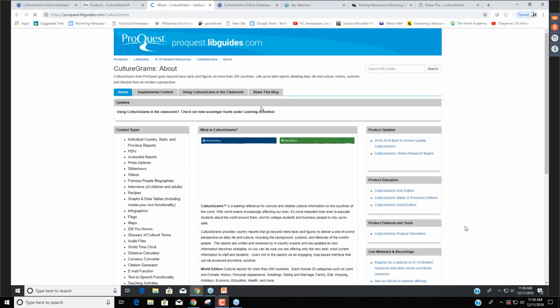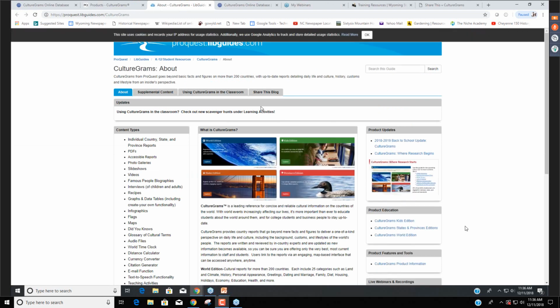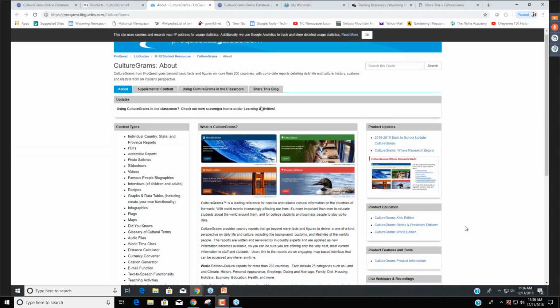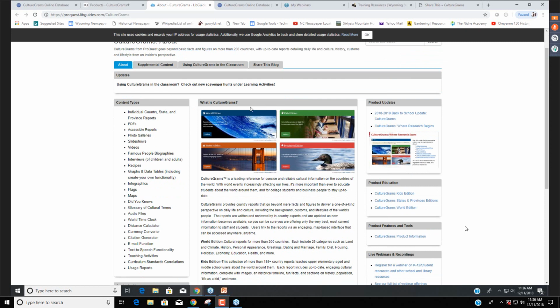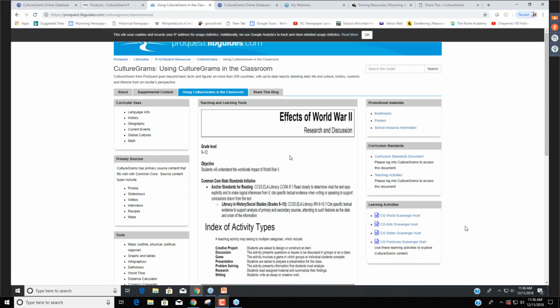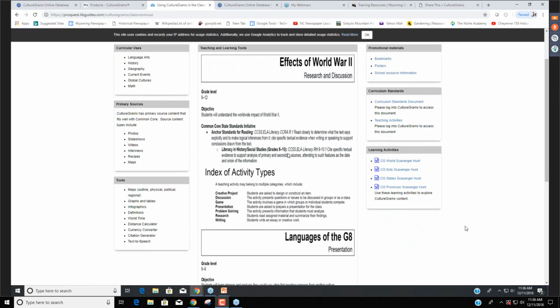If you go into the LibGuide, you'll see that it talks about what is CultureGrams and some product information. But there's also a tab here called Using CultureGrams in the Classroom. And that will give you some information about what they have, those learning tools and lesson plans. There's also some links to scavenger hunts for each one and some teaching activities.